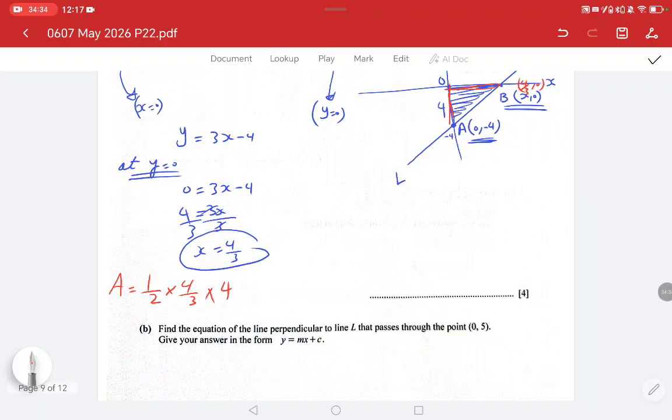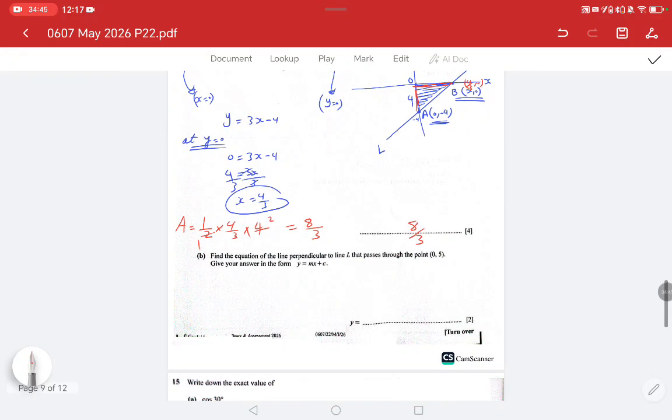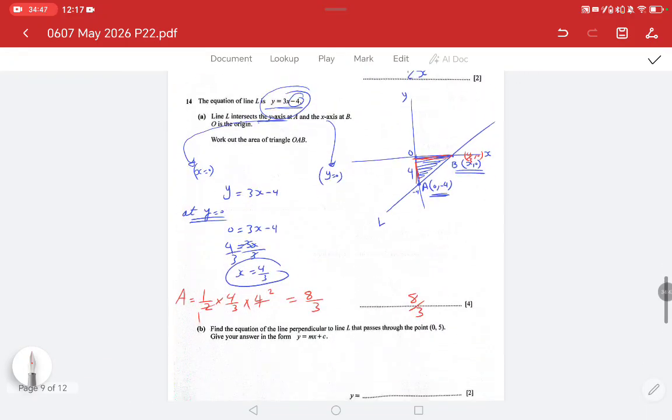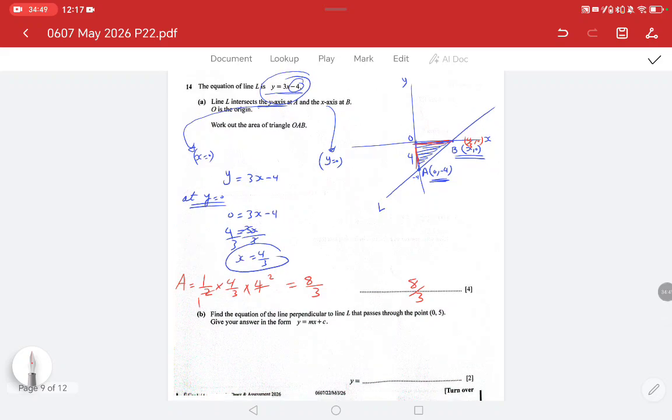So in this case you can say 2 divided by 2 is 1, 4 divided by 2 is 2, so it will be 8 over 3. So just write 8 over 3. This is the area. Of course, it didn't give us a unit, so it will be unit squared. The most important thing is 8/3.